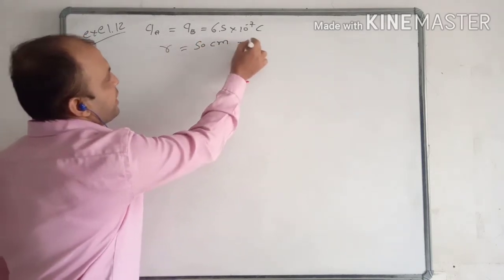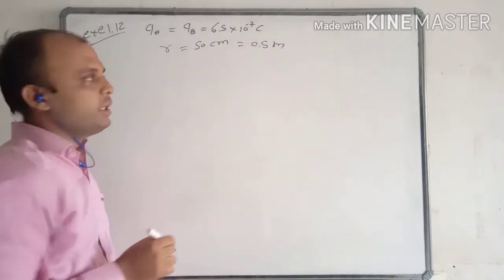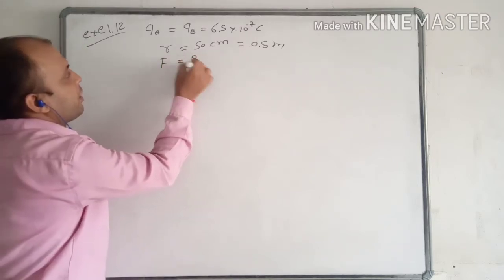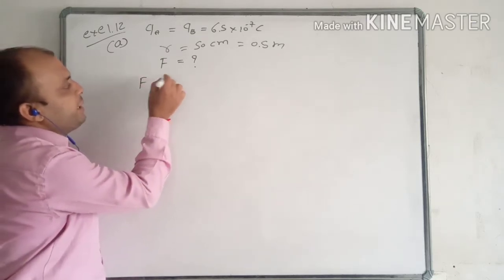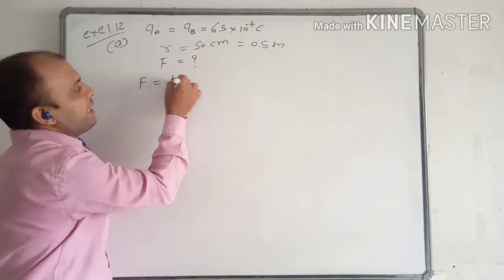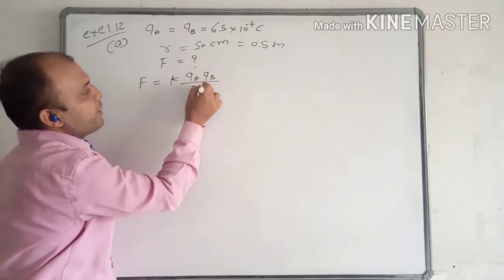Convert it into meters, that gives 0.5 meter. To find the force, this is our first case. We know Coulomb's law, so apply it: force equals K QA QB upon R square.